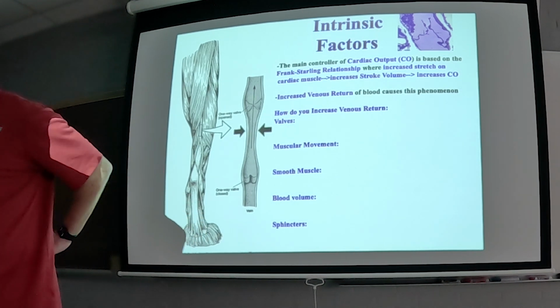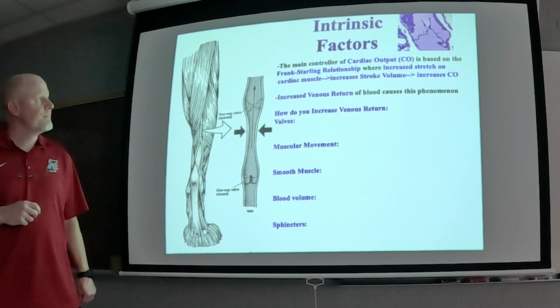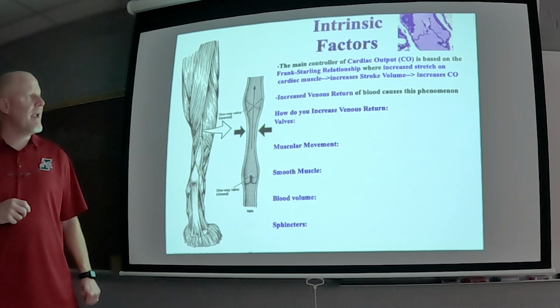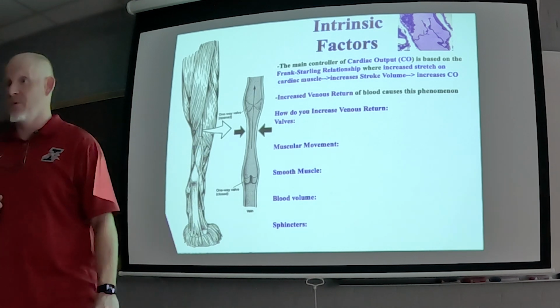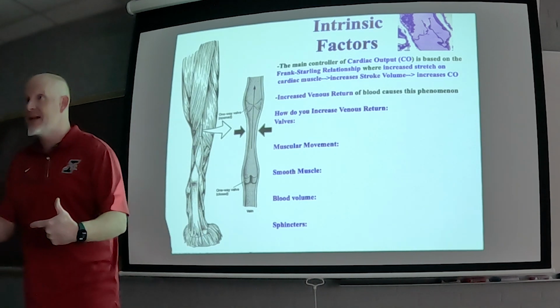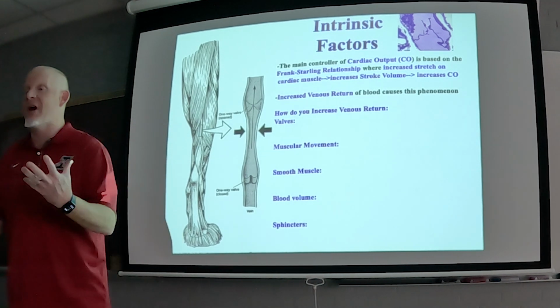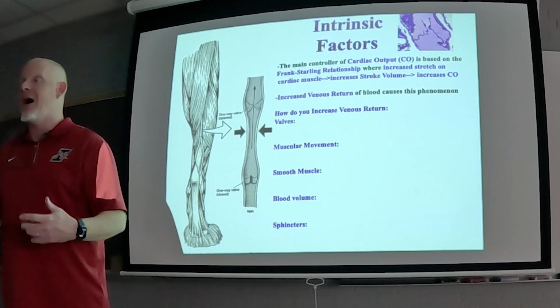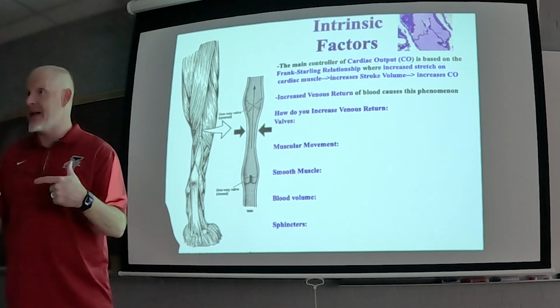So, intrinsic factors that help increase stroke volume. One of the major ones is venous return, what we call returning blood from the veins back to the heart. Right? And one way we can do that is by simply contracting skeletal muscles. So I like to call skeletal muscles in our bodies skeletal pumps.